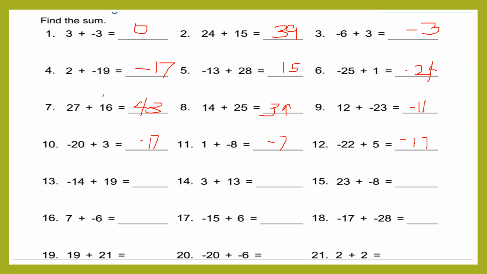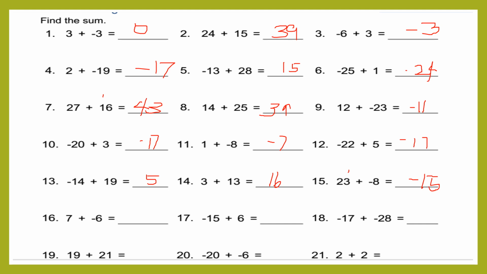Then we have negative 14 plus 19 is 5. 3 plus 13 is 16. 23 minus 8 is 15, so negative 15.